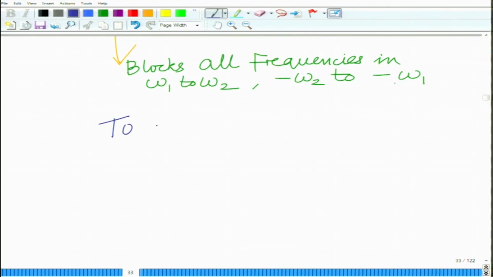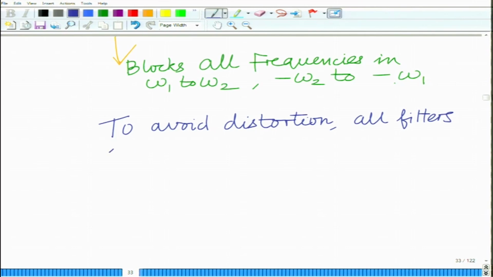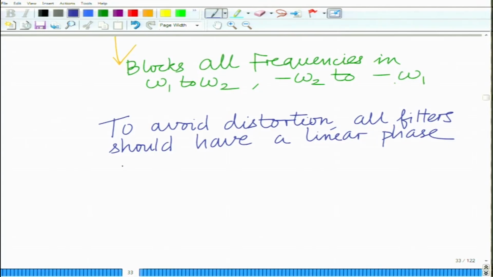So, although we have not specified the phase response, you can note that to avoid distortions, all these ideal filters should have a linear phase characteristic.